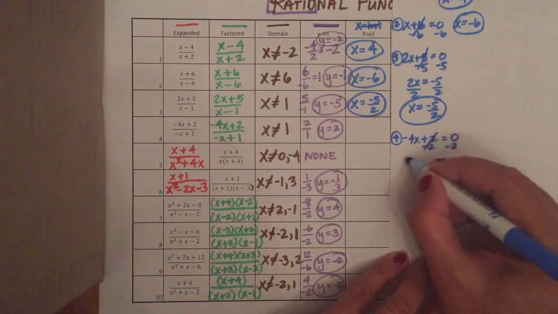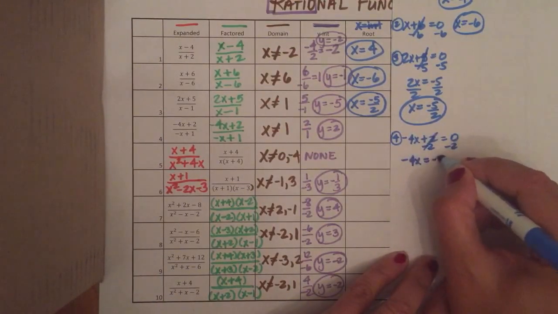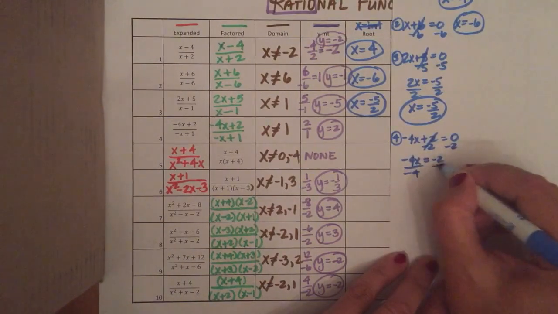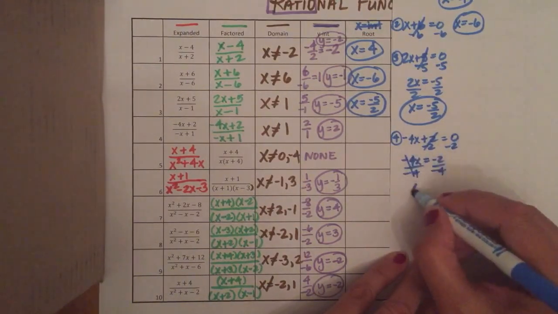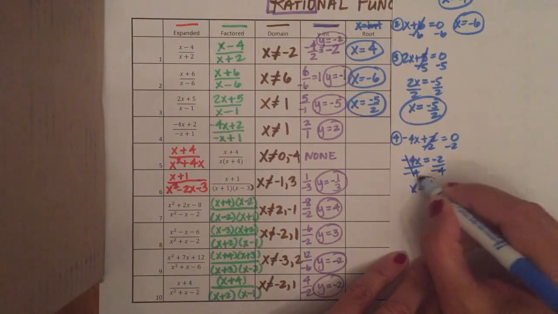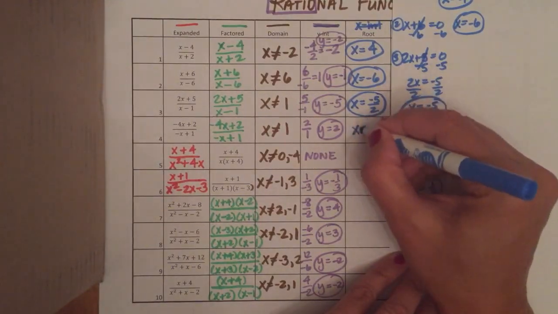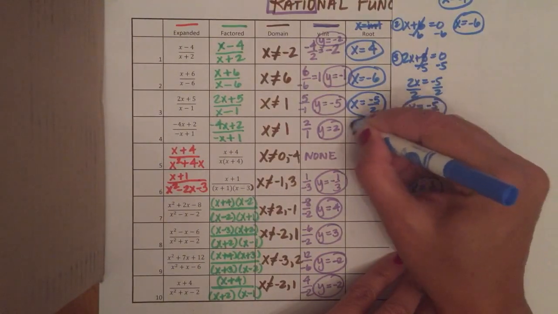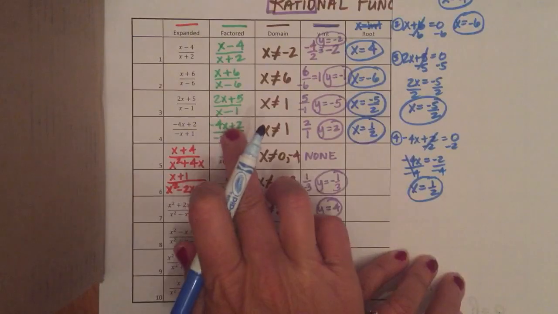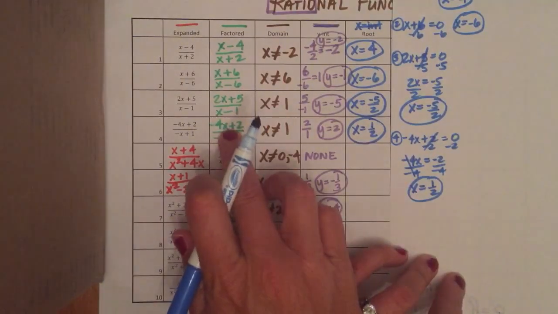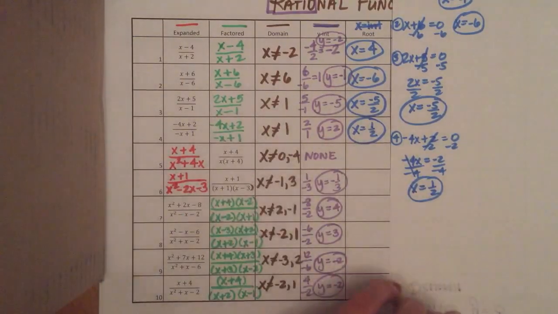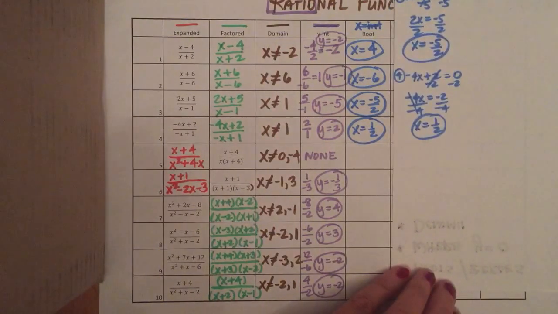Move the 2 over. Negative 4x equals negative 2. Divide both sides by negative 4, so x equals 1/2. Your root here is 1/2. 1/2 is what's going to make the fraction equal to 0. All right, let's keep moving.